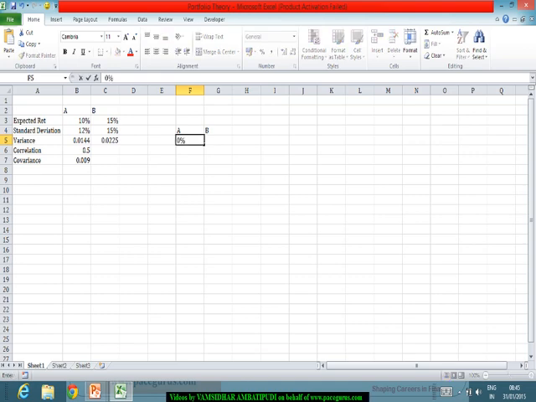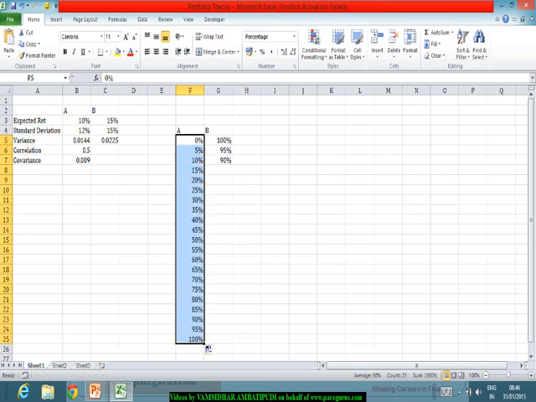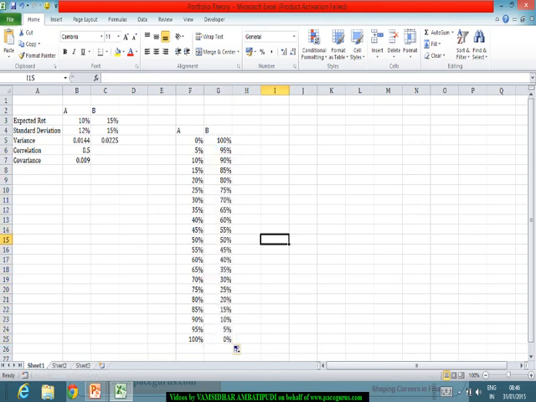Here I'll say I invest 0% in A, which means 1 minus 0, 100% is invested in B. Similarly, if I invest 5% in A, it means that I am investing 95% in B. Like this, let's say I will try to do an increment of 5% in A, and in B it is exactly 1 minus that.